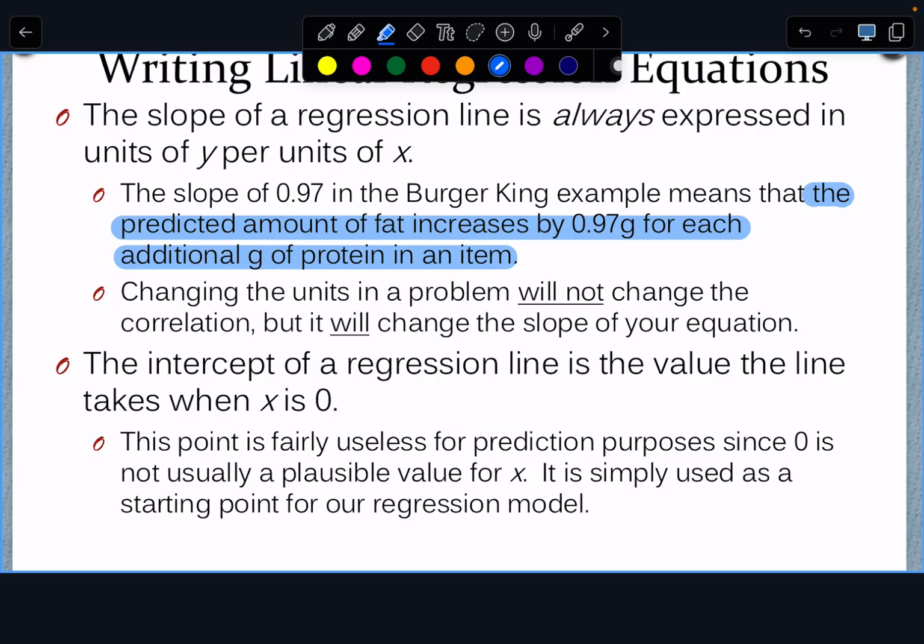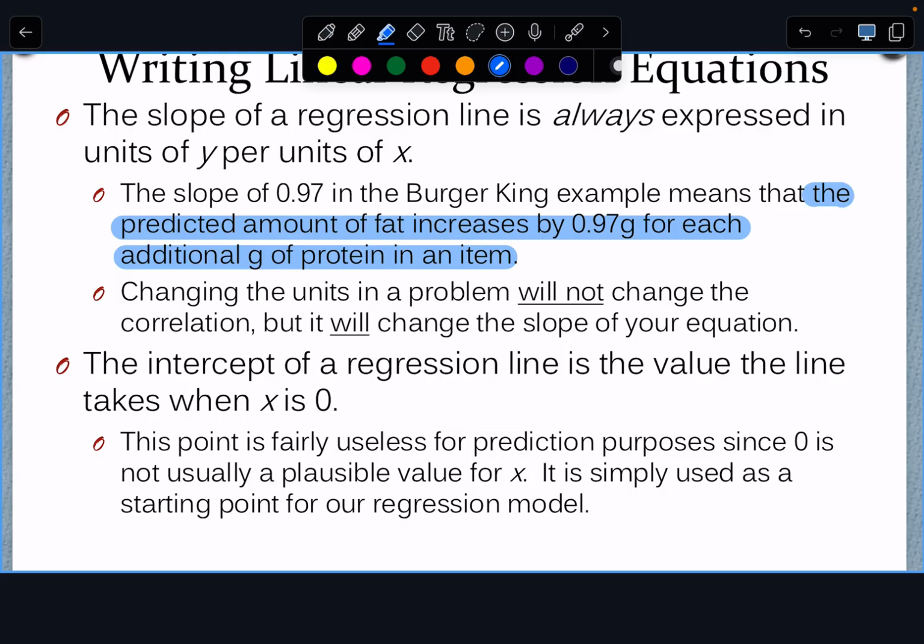So if I were to take my grams for x and convert those to kilograms, that's going to change everything involving my regression model. So units don't affect correlation because we strip the units from the correlation value. But if I'm looking at slope, I'm looking at y-intercept, I'm looking at my overall graph, changing the units will absolutely change everything else about it.